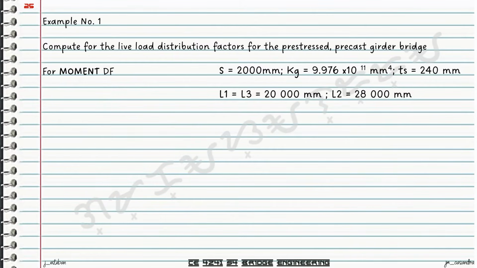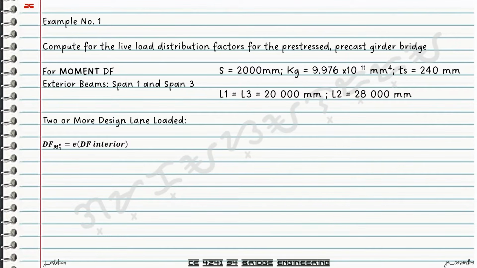So next, for the moment distribution for the exterior beam for span 1 and span 3, move to the two or more design lane loaded. So from the table, the distribution factor for the moments for exterior for two lanes is given by e times the computed distribution factor of the interior beam.